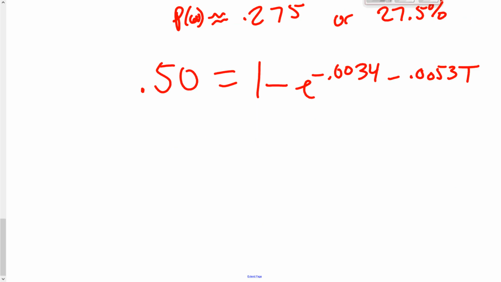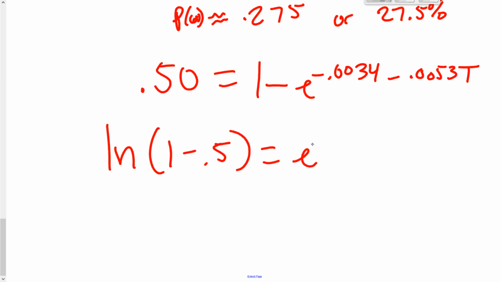Now we could really go back to this original problem with the ln of 1 minus p, which is now 0.5, equals e to the negative 0.0034 minus 0.0053t, and go ahead and solve this for t, right? So we need to get this exponent by itself. And we could enter it in right here as well, right?